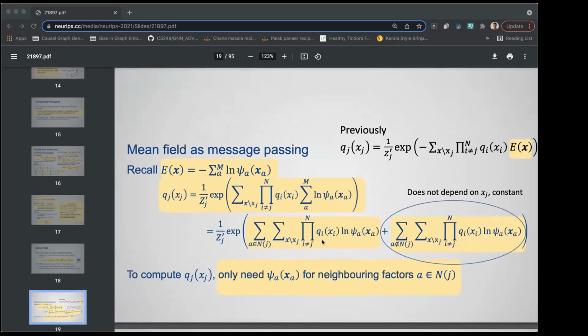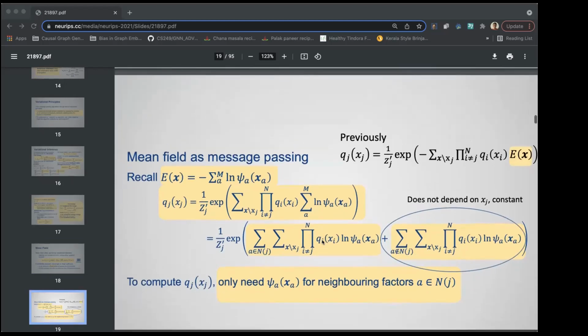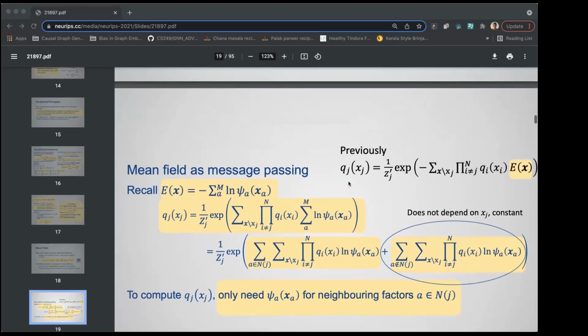So we can actually view this mean field optimization as some kind of message passing. So we have this expression for the energy that's the negative sum of the log of all our potentials.